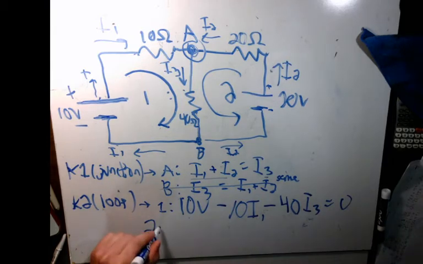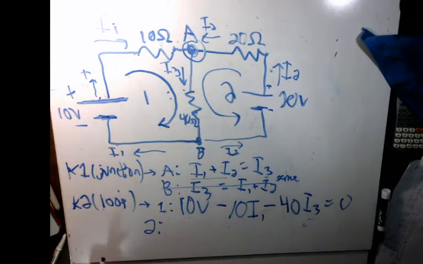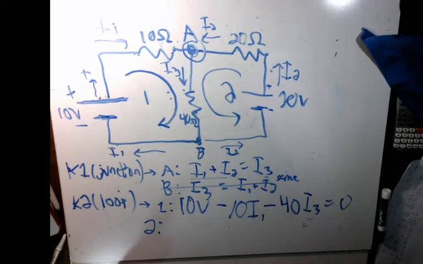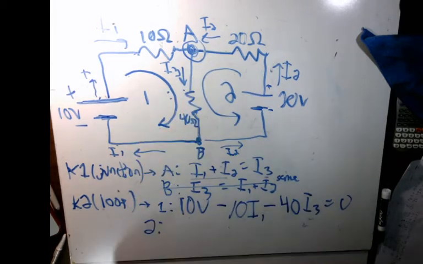Now looking at our second loop. Again, our loop is now going counterclockwise. If I were to have drawn it the other way, I would just have a negative supply, right? A voltage drop across my cell and a voltage increase across each resistor. But I've drawn it in a nicer way than that.